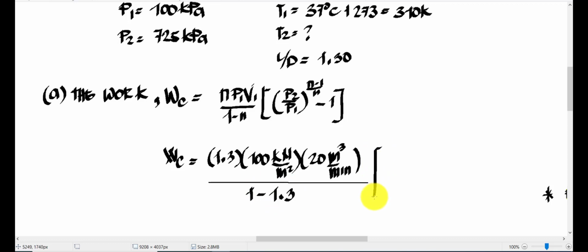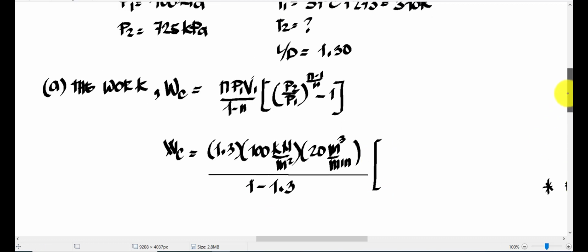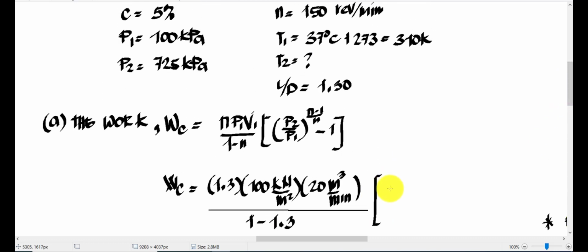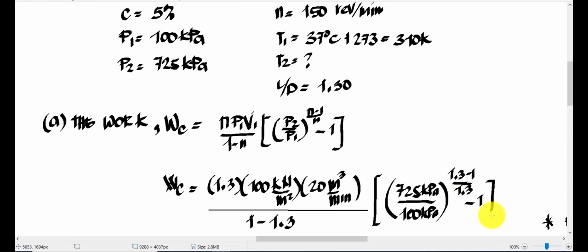Then we shall multiply this one by the ratio of p sub 2, where p sub 2 we have 725 kPa, divided by p sub 1, that will be 100. Close parenthesis. I'm going to raise this to the exponent of 1.3 minus 1 over 1.3, then minus 1. Close parenthesis.